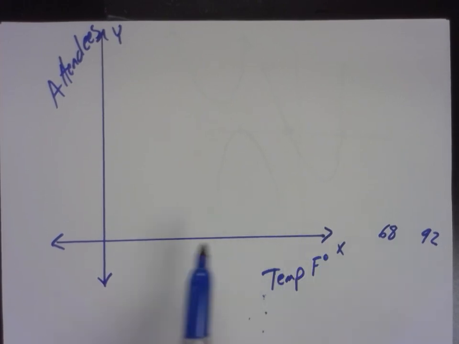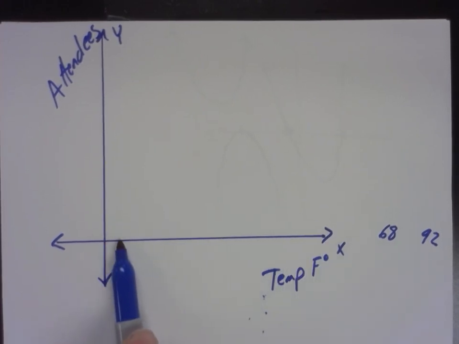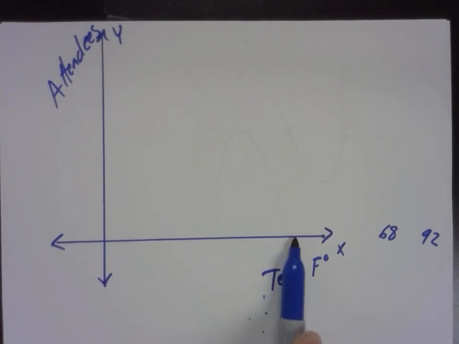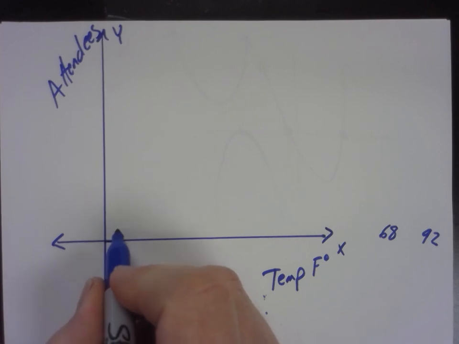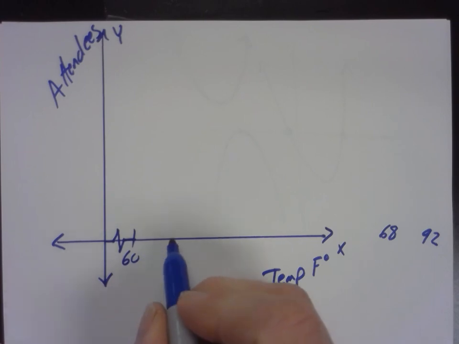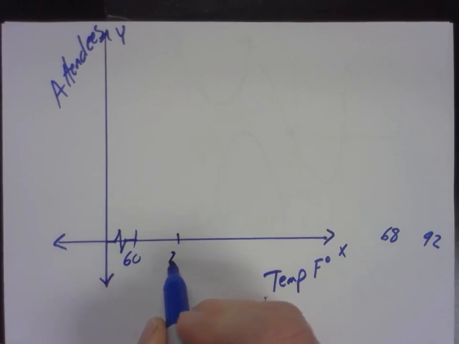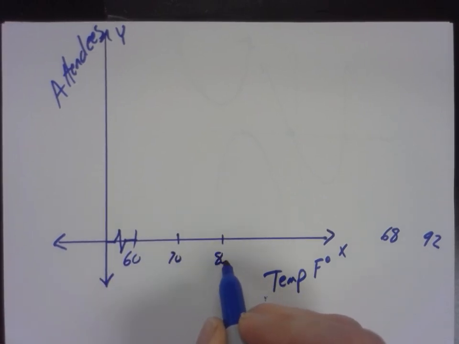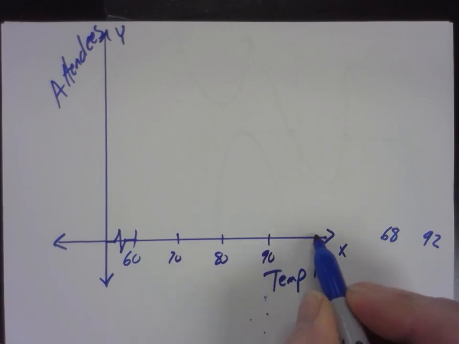Or do I want to make a little skip and just go from maybe 60 to 100? Do you see how we can do it either way? Well, we're really not concerned with anything below 68, are we? So let's go ahead, make a skip, and we'll just call that 60, 70, 80, 90, and 100 degrees.